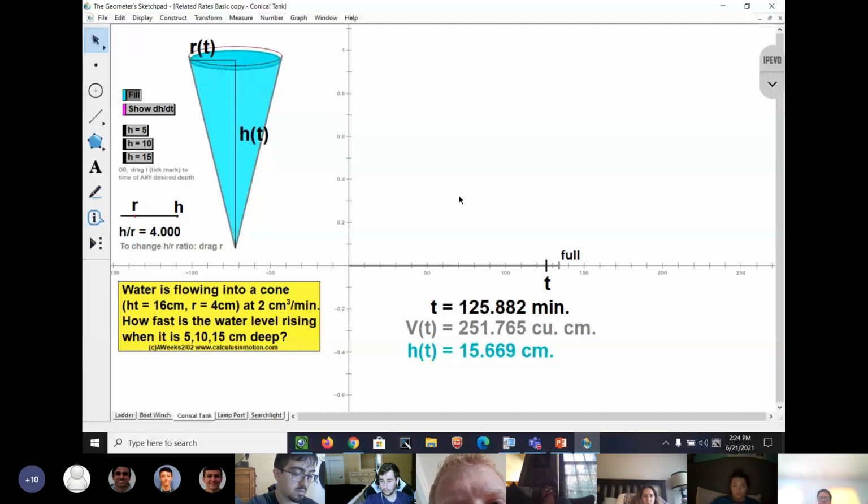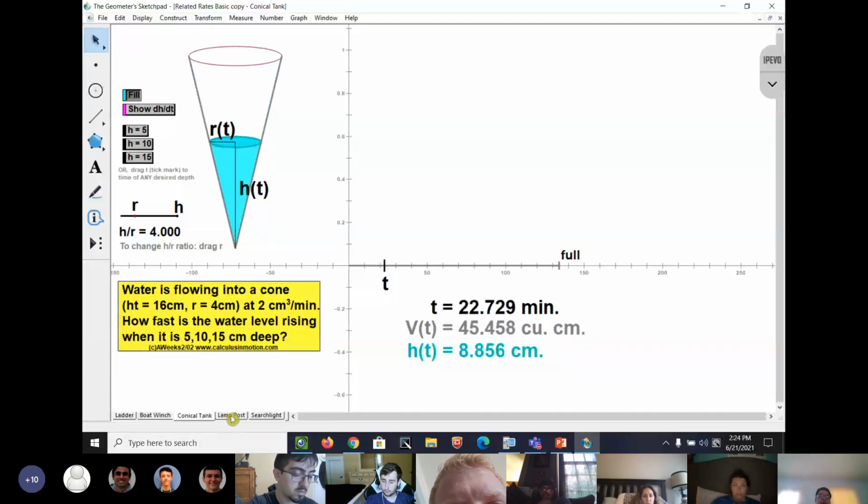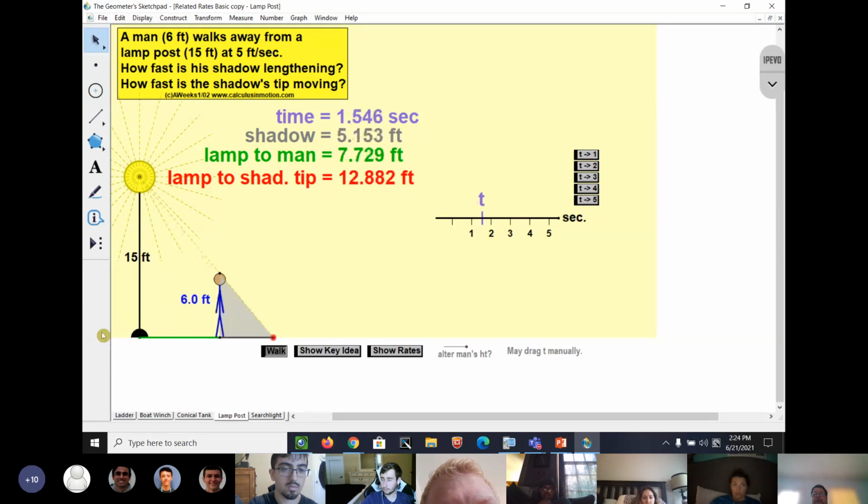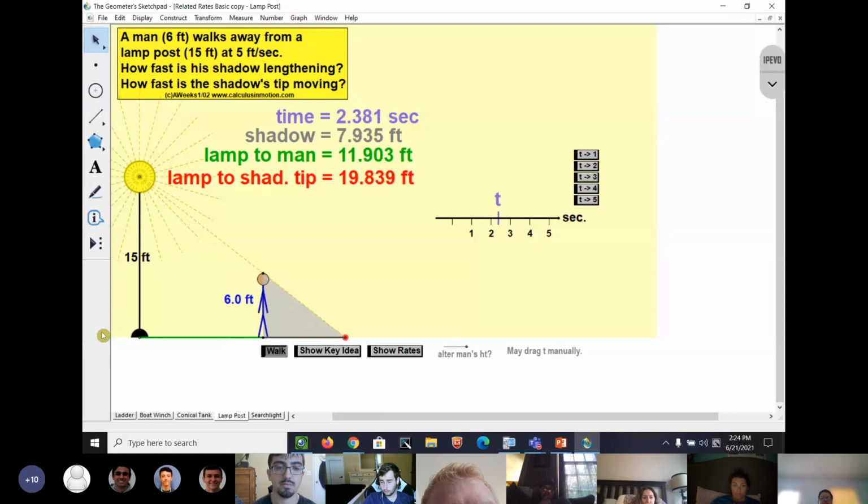Okay? And of course, you see the lamp post. Is this a standardized test question? Yes. Somebody tell me what happens to your shadow as you walk away from a light. It gets longer.